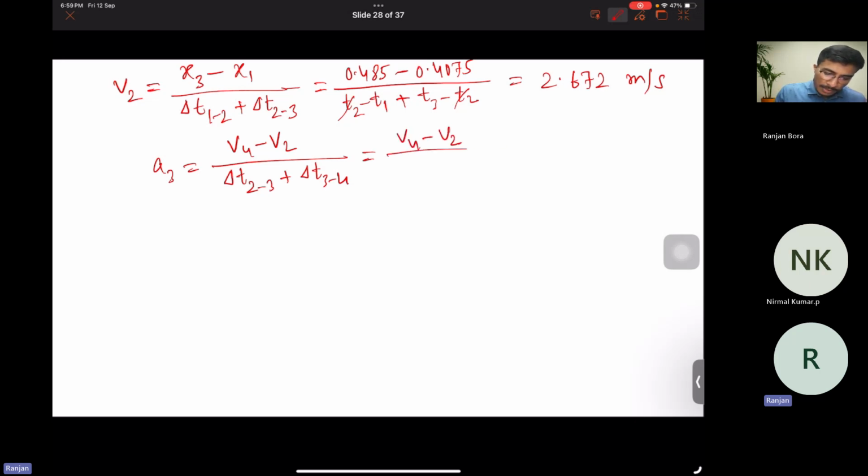If we do the simplification, then this is T3 minus T2 plus T4 minus T3. So T3 gets cancelled.